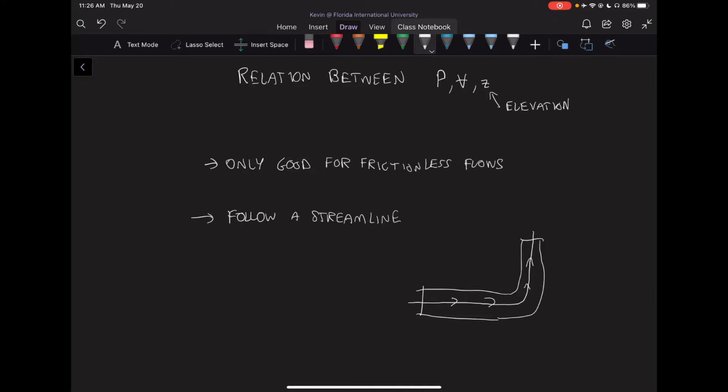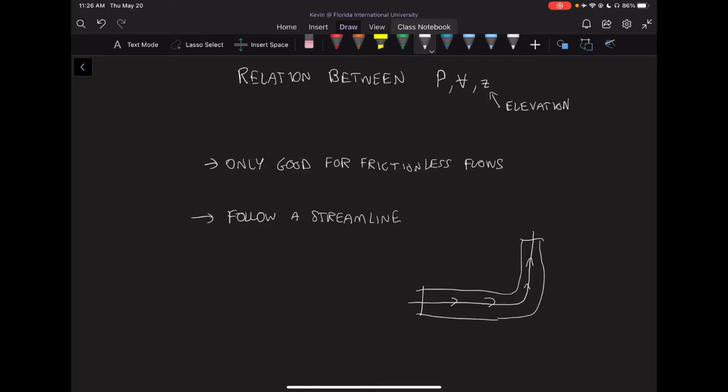Now, we know that for unsteady flow along a streamline, we can say that, and I'm not going to derive the whole equation because you can see the derivation in your textbook, but you can derive this equation from the change in forces and then making the change in forces equal to 0.